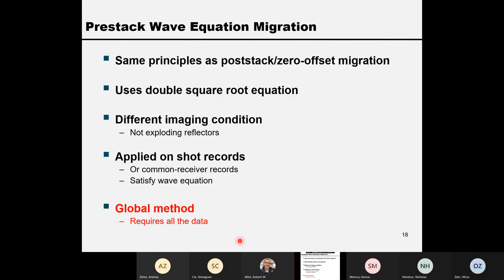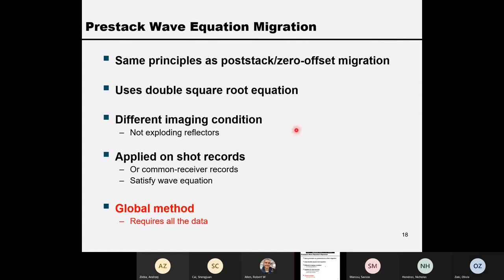But here, for the Prestack migration, we also have 3 elements, but the imaging condition will be different. That's the difference, okay? So we need to understand in terms of physics why the imaging condition is different, and then we can assess the final imaging. Right.